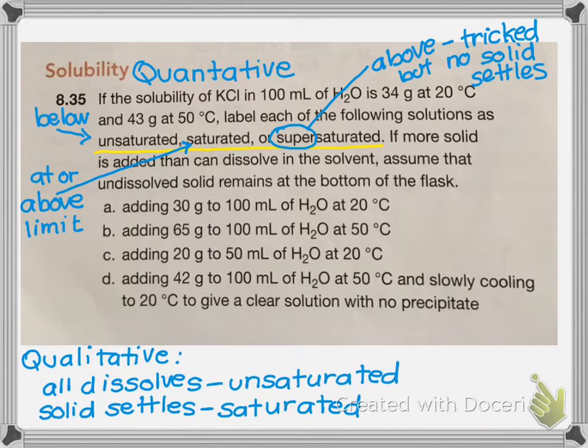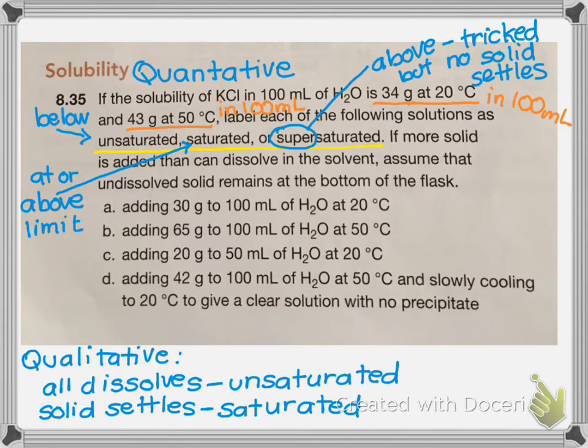So let's take a look at these problems. It tells me the solubility of KCl in 100 milliliters. So there's 34 grams at 20 degrees in 100 milliliters of solution, and 43 grams at 50 degrees in 100 milliliters of solution.